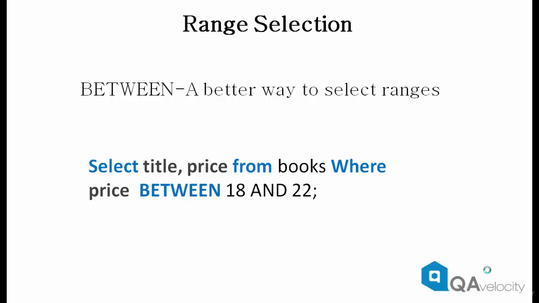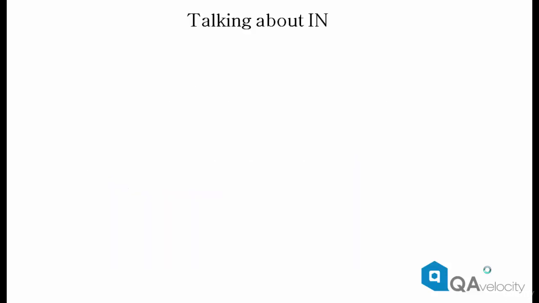Let's write the same query of book prices between 18 and 22 using between. If you see our query, select title, price from books where price between 18 and 22. So it's a better way to select a range. Whenever you need to write a query to select ranges, use between.